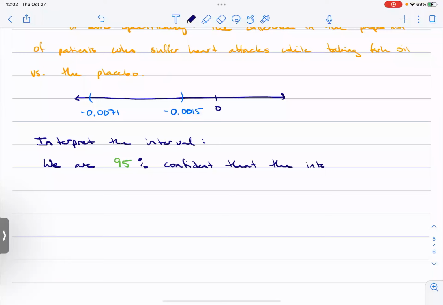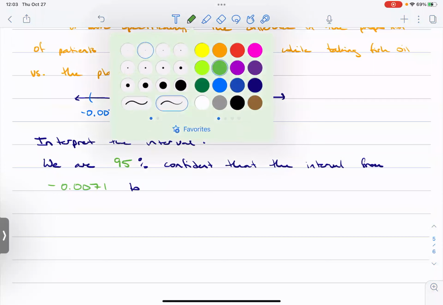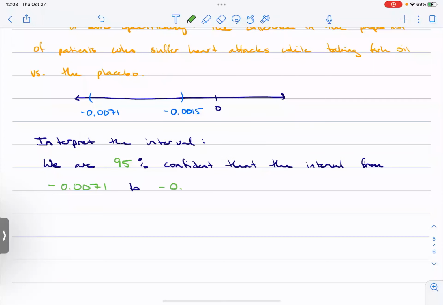that the interval from negative 0.0071 to negative 0.0015.